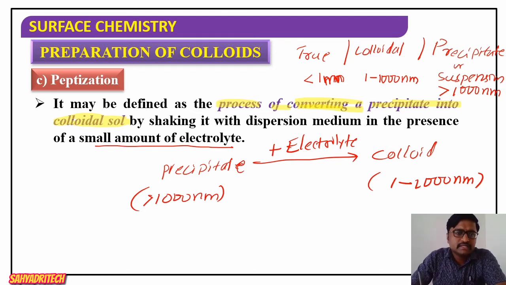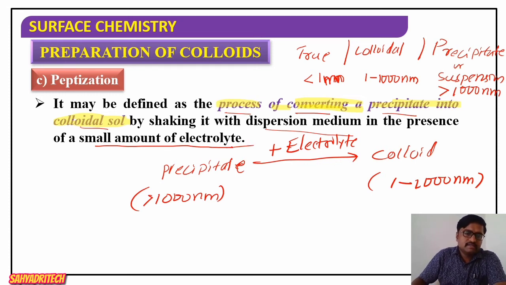Yes, what is peptidization? It is the process of converting a precipitate into a colloidal sol by shaking with the dispersion medium in the presence of a small amount of an electrolyte. To a precipitate, where the size of the particle is greater than 1000 nanometer, when we add a suitable electrolyte, what happens?